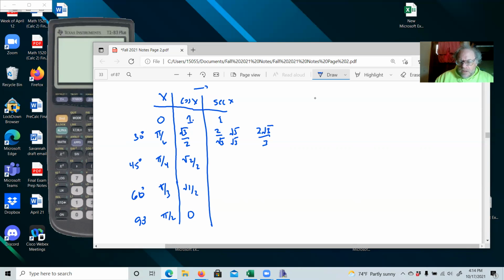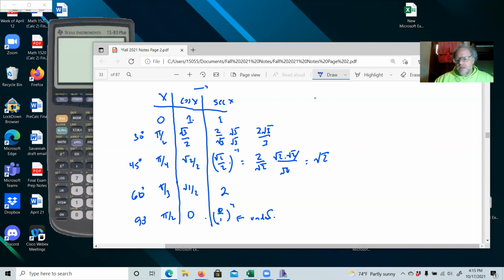For square root of 2/2, the reciprocal is 2/√2, but instead I'm going to say this is √2 times √2 over √2, that's going to cancel and just give square root of 2. The reciprocal of 1/2 is 2. And this is 0/1, so if I do the reciprocal, this is undefined.